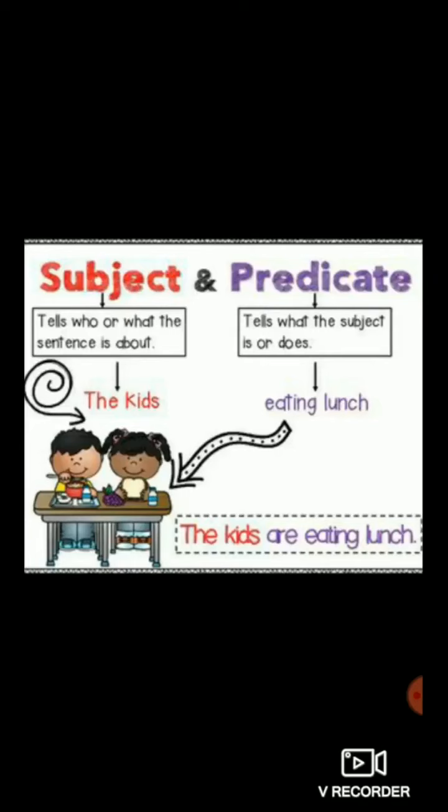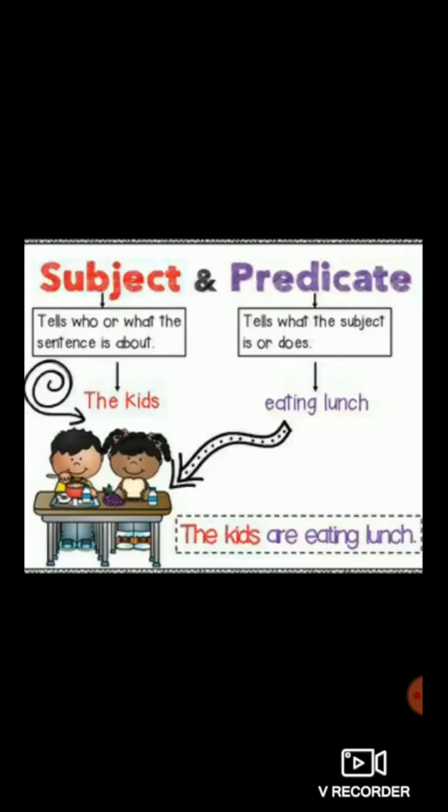The kids tells who are eating lunch. So, you should ask the question on the predicate so that you will get the subject as an answer. How can you ask the question? Who or what? Who are eating lunch? The kids. So, ultimately you are getting the subject as an answer. What is the subject? The kids.